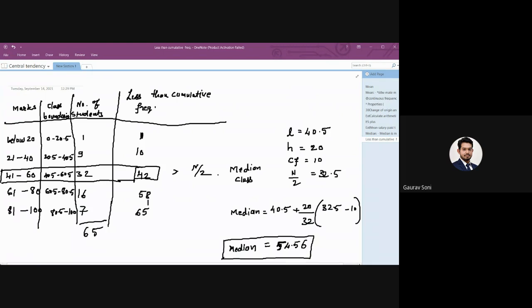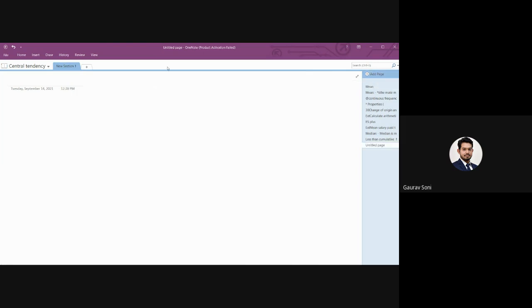Now, who can tell me how we will find the median for a discrete frequency distribution? So I have X and I have F. X is 0, 1, 2, 3, 4, and the frequencies are 6, 14, 8, 12, 9.